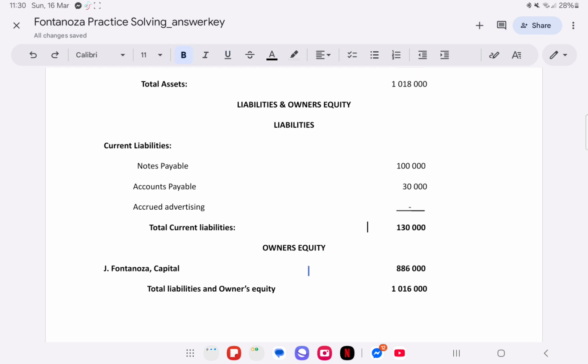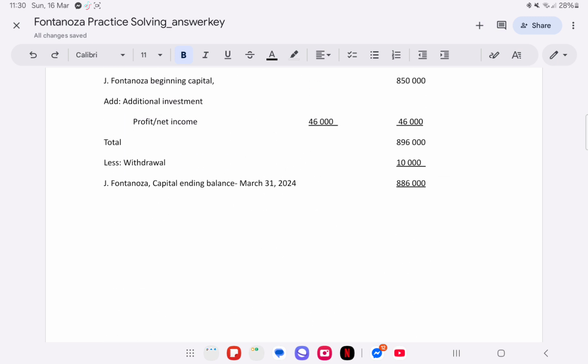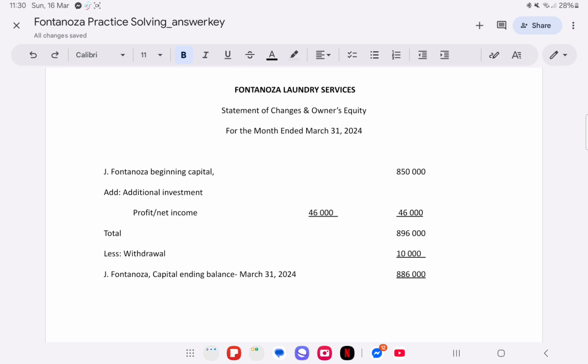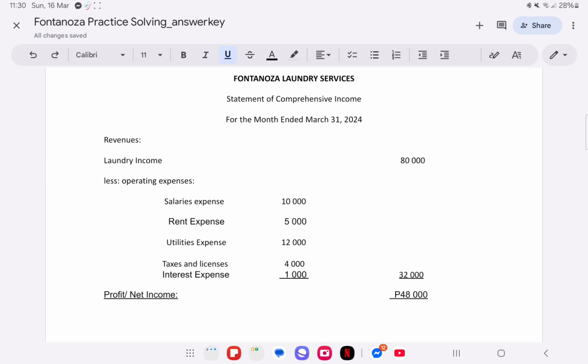Let us check the J Fontanoza capital, since the capital is really confusing here. Go to the statement of changes in equity, wherein you can find the capital. Let's check the computation if that's correct. 850,000. Since we have additional net income 46,000, let's check if this is correct in the statement of comprehensive income.